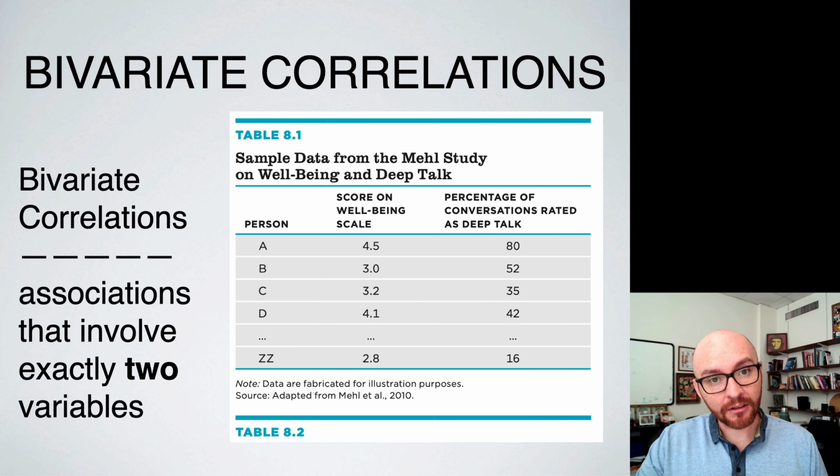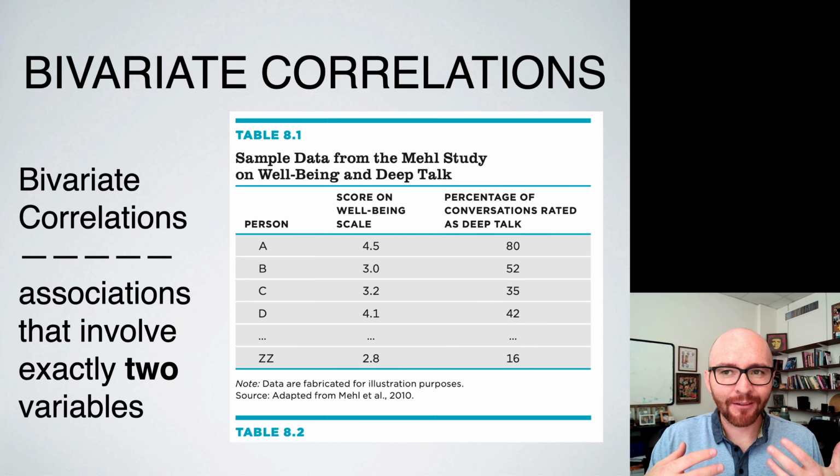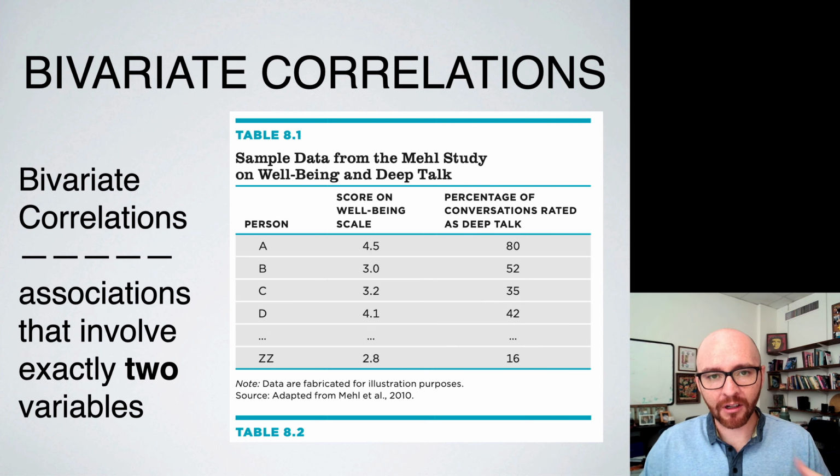We have individuals in our studies that might have different relationships between well-being and deep talk, but we care about the averages. We don't care about what it is for you. Well, that sounds kind of mean, but we care about, on average, what it is for most people. On average, what is it for all adults, right?